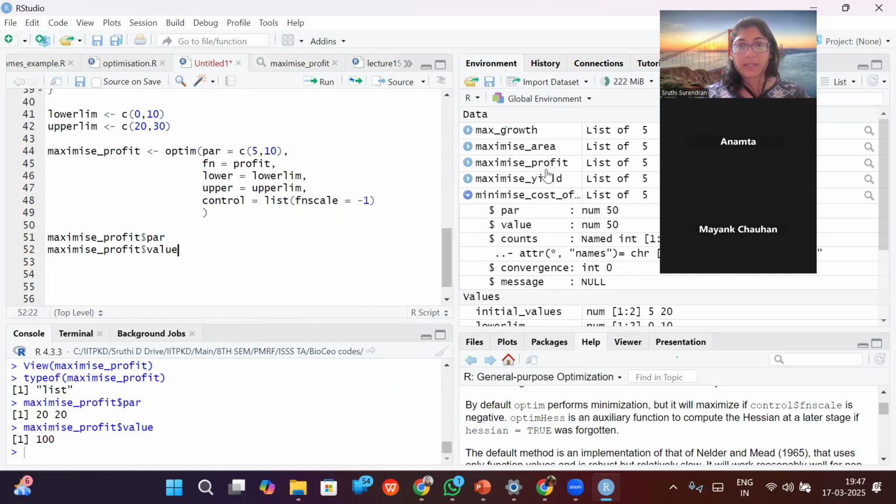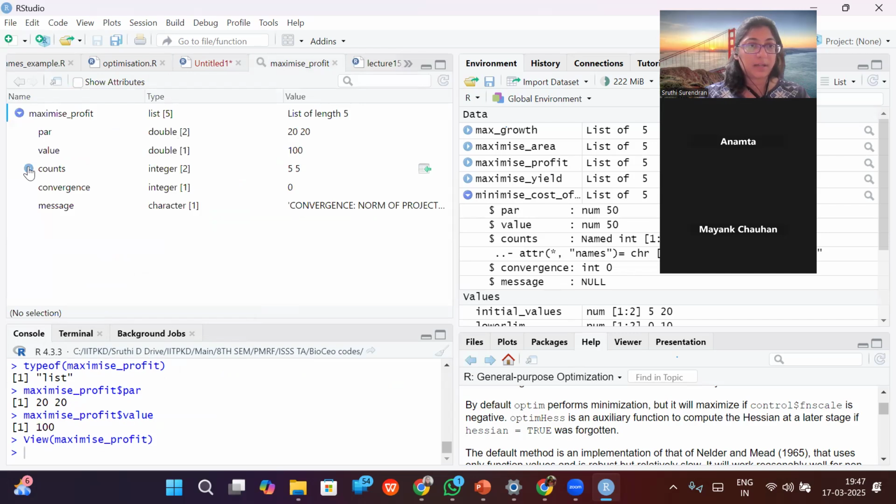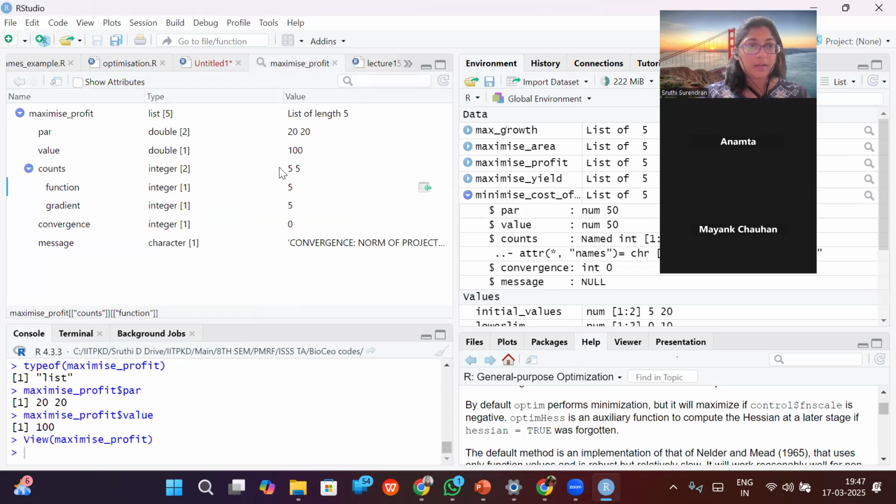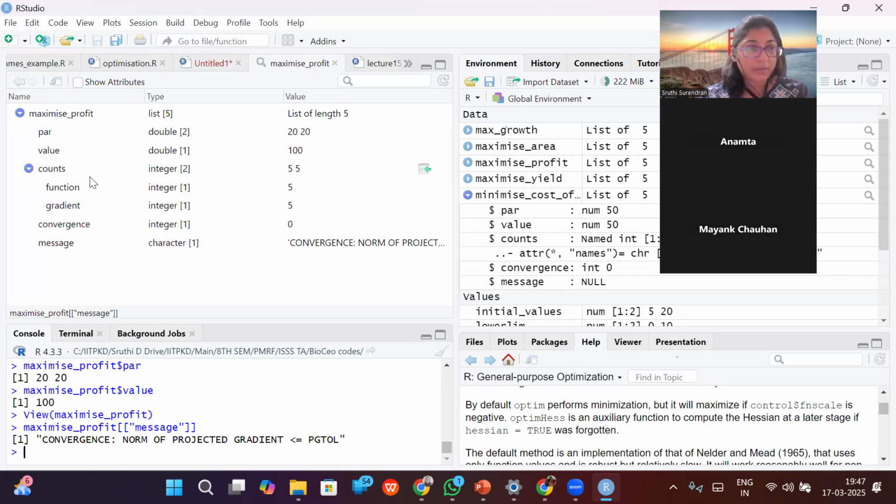Now, there are so many other things here. If you see count over here, gradient, convergence, message, convergence, norm. What is this? Norm of projected gradient P. So many things which don't even make sense to me. So yeah, this is basically how you'll do simple optimization in R.